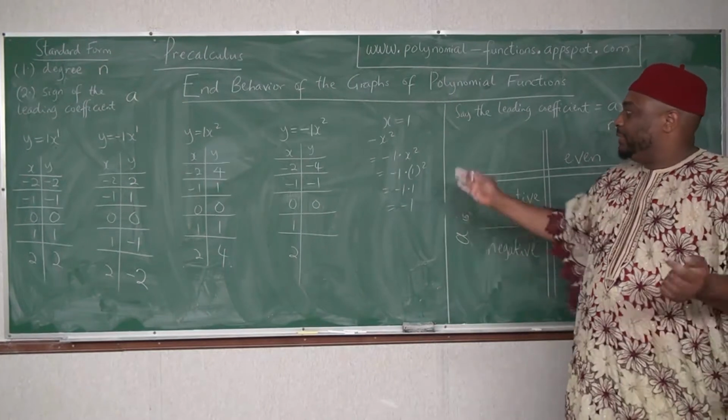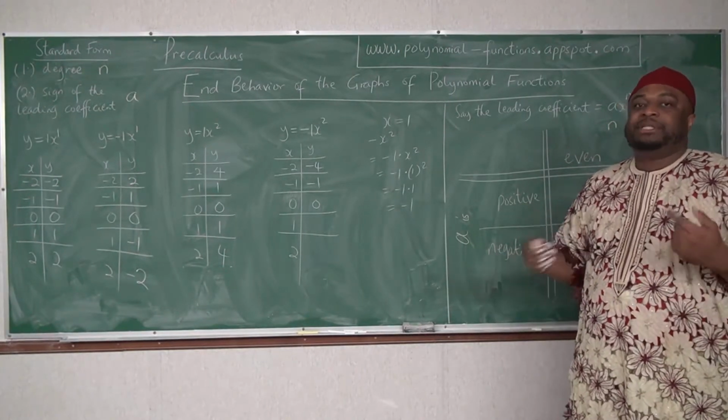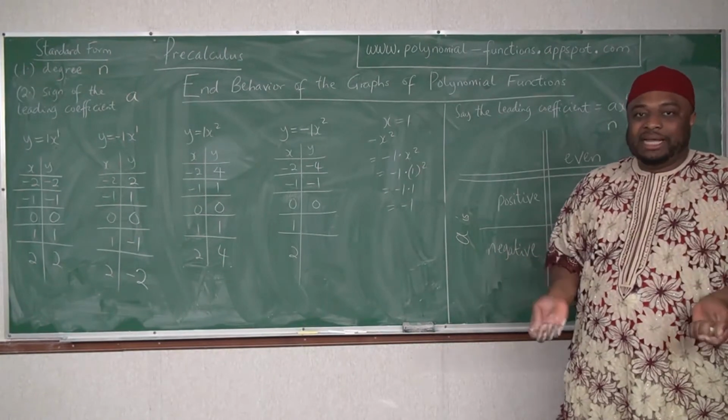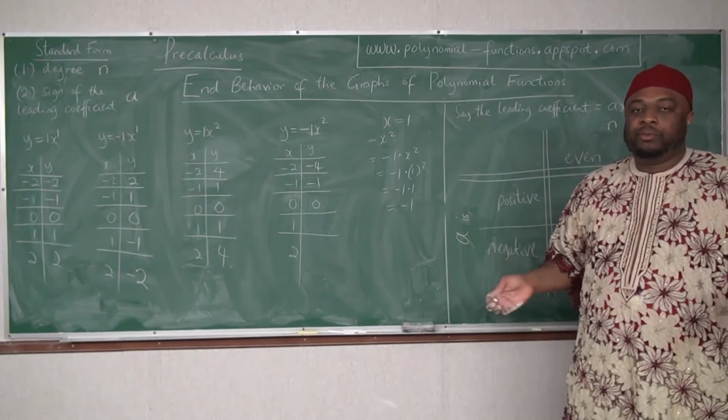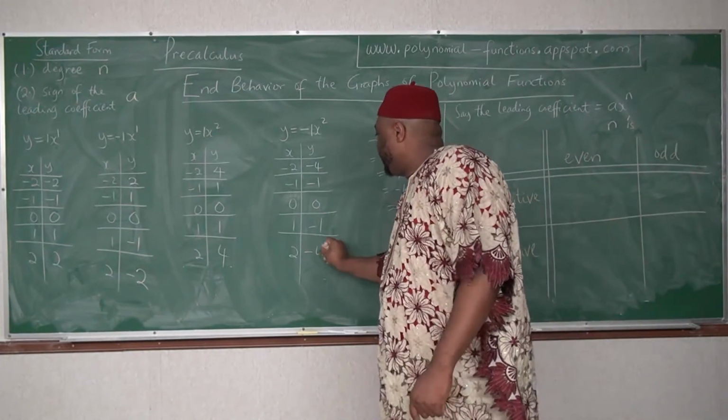And the same thing if x is 2, it is negative 1 times 2 squared, which is negative 1 times 4, which is negative 4. So this is negative 1 and this is negative 4.